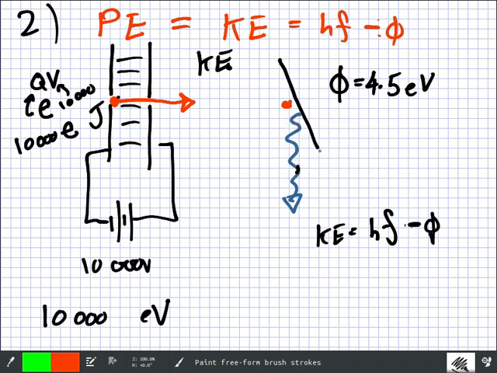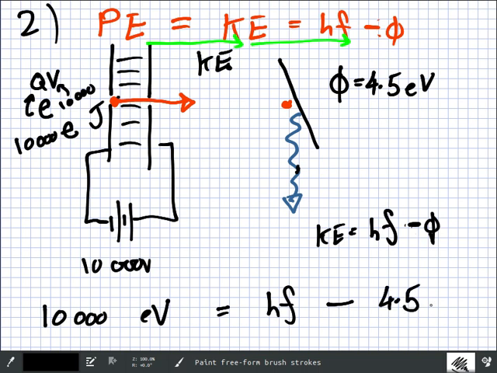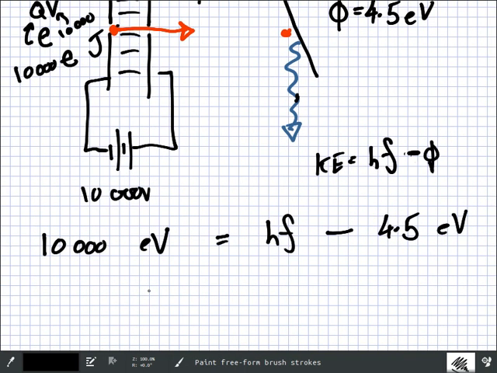Can you see that process happening? Potential energy becomes kinetic energy becomes that. So you have 10,000 eV equals hf minus the work function. What's the work function here? Oh, it's only 4.5 eV, so not much of a difference. 10,004.5 eV equals hf.